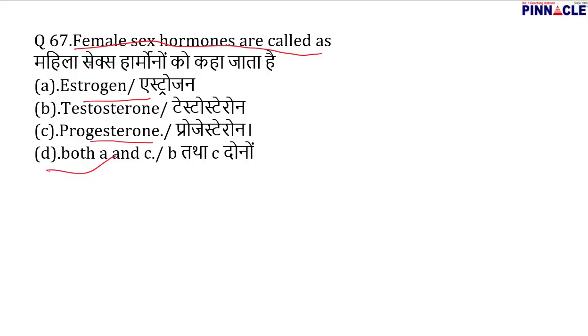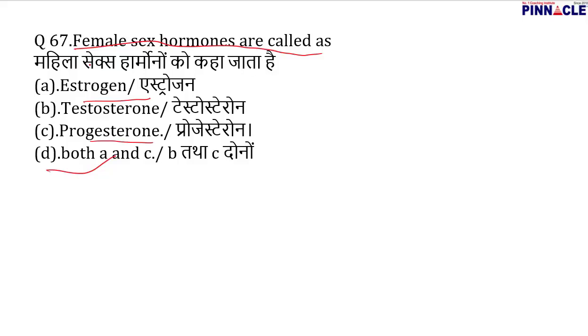Remember that estrogen is the primary female sex hormone, and it is responsible for the development and regulation of the female reproductive system. Along with that, it is also responsible for the development of secondary sexual characteristics in females. The secondary sexual characteristics are those characteristics that help us in determining whether the given person is a male or a female, and their development is regulated by estrogen.